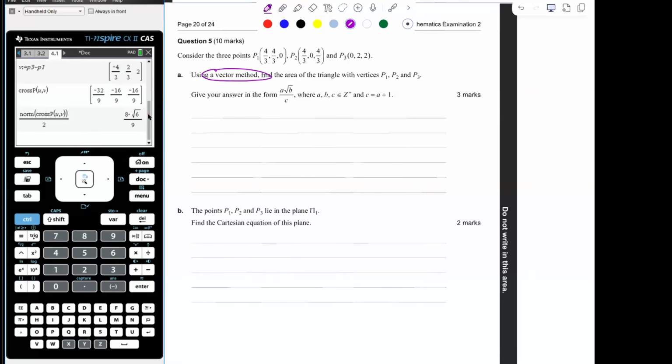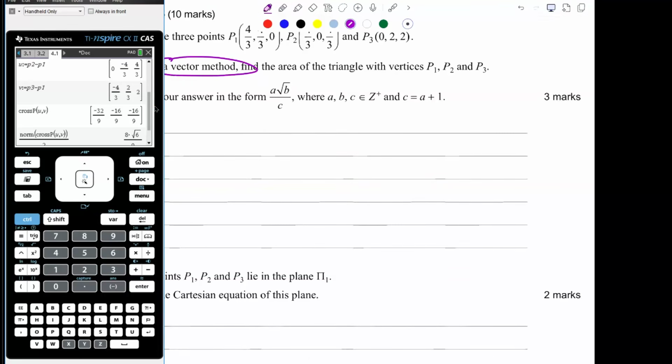And that's the answer, okay? But make sure you clearly define your two spanning vectors. So write down the two vectors.